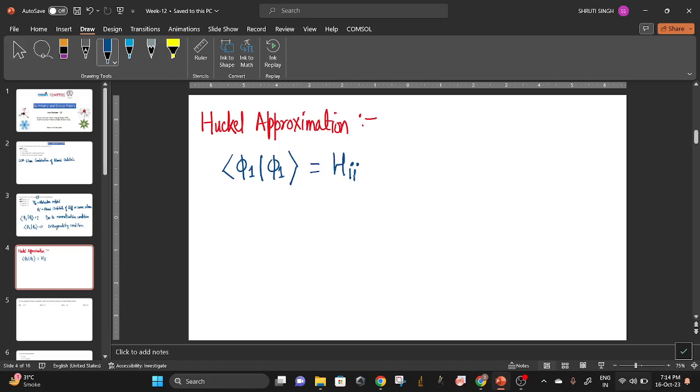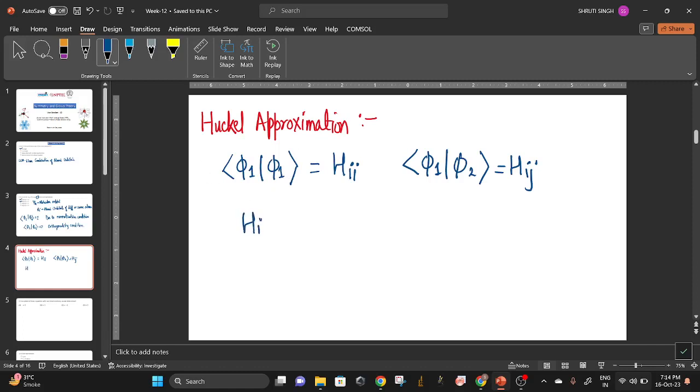In general it is written as H_ii, and this integral between different atomic orbitals is written as H_ij. When we are using LCAO, the atomic orbitals can be from the same atom or from different atoms.